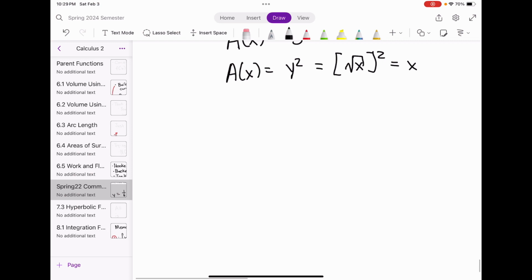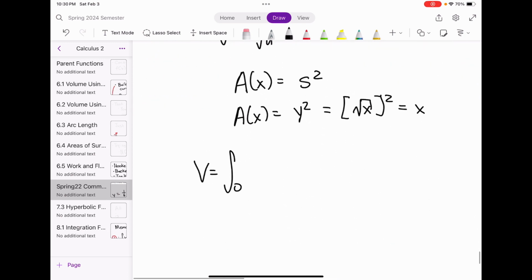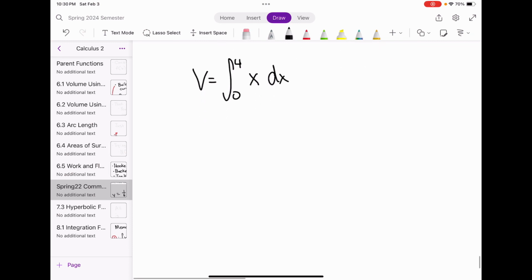So V, the integral between 0 and 4, of x dx, is x squared over 2.